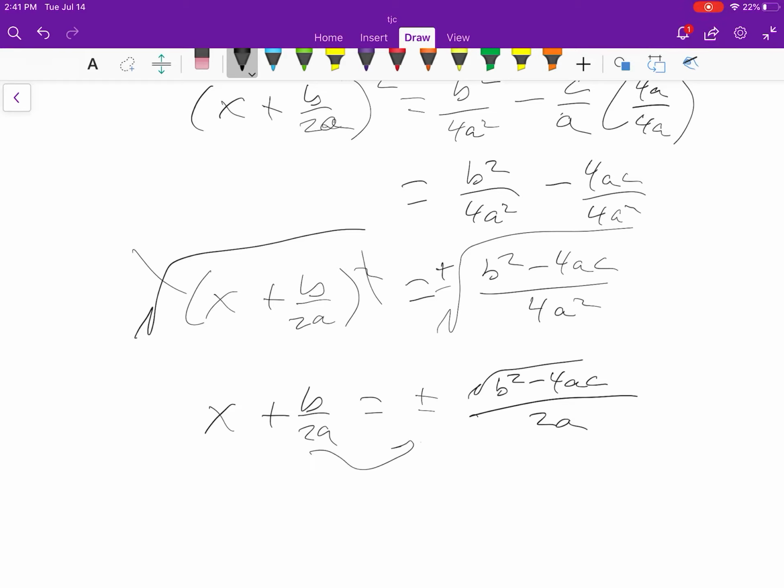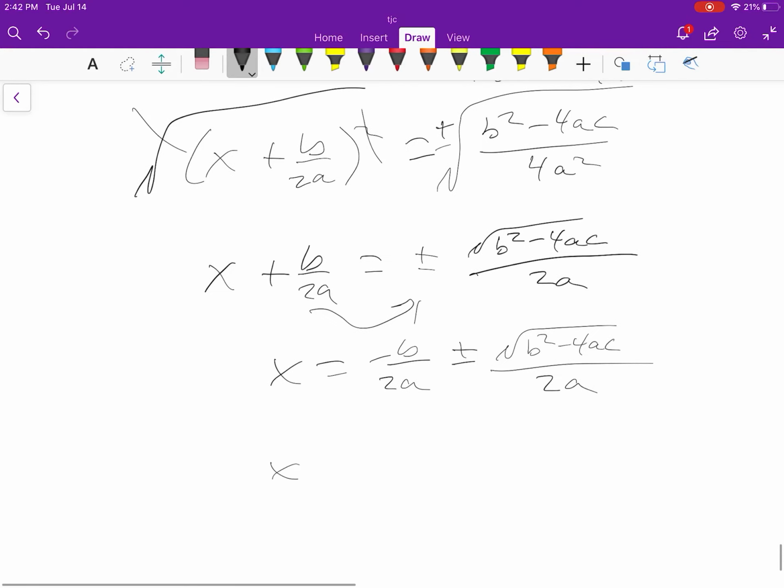Okay, then the last step is we're going to move this guy over here by subtracting it. Okay, and then combine like terms. And we're done. And you have the quadratic formula.